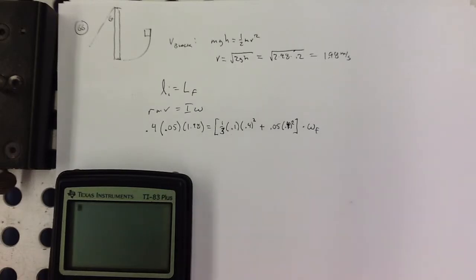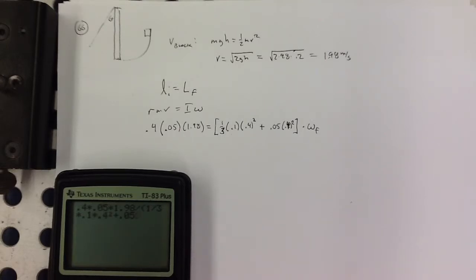Let's see if we can crank that out. So 0.4 times 0.05 times 1.98 divided by 1/3 times 0.1 times 0.4 squared plus 0.05 times 0.4 squared.